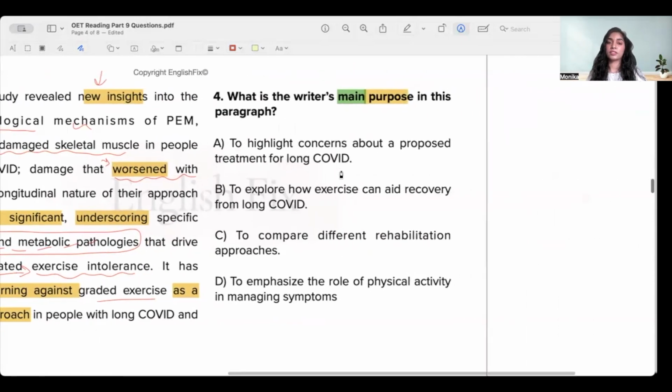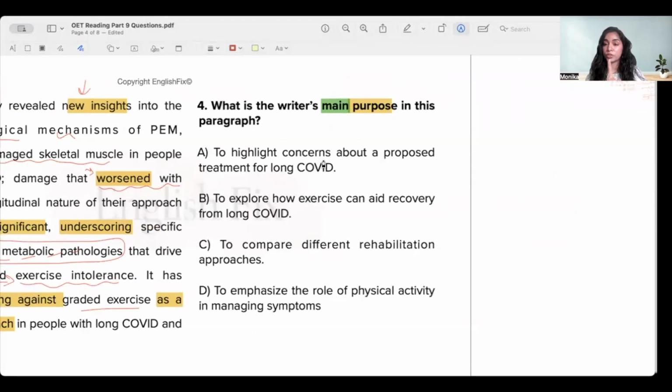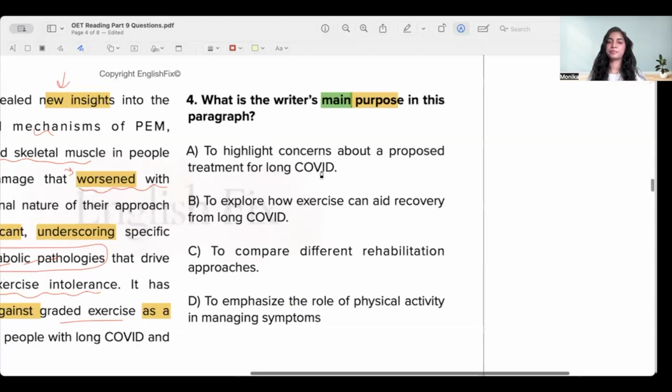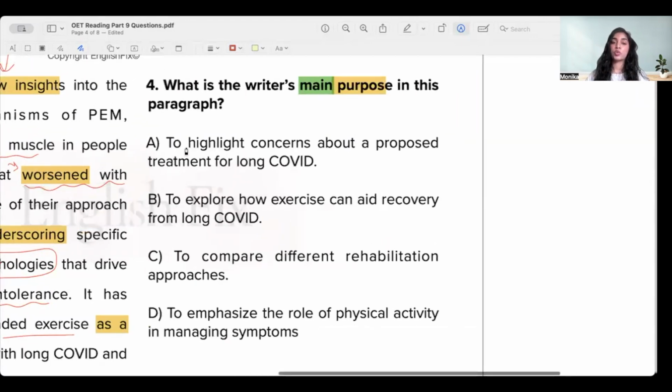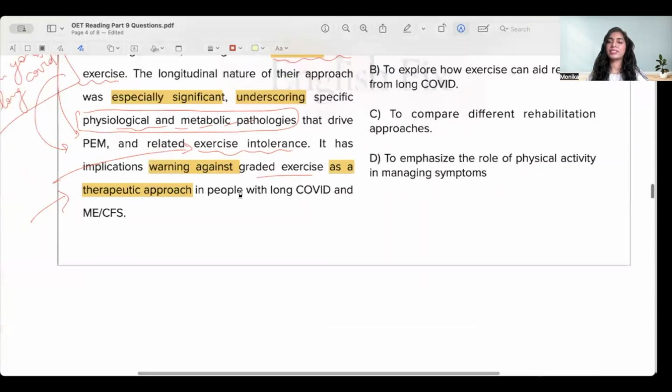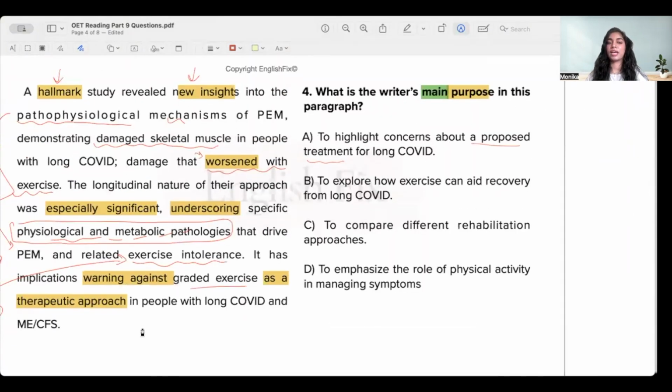Now let's get to our answer choices. Never choose an answer option if you haven't eliminated all three. Remember. Now, answer option A: the writer's main purpose is to highlight concerns about a proposed treatment for long COVID. When I say that something is a proposed treatment, I am saying that you can possibly use it as a treatment, and the person is then highlighting concerns about it. My issue is with the words proposed treatment.